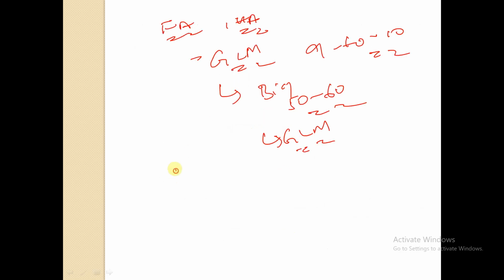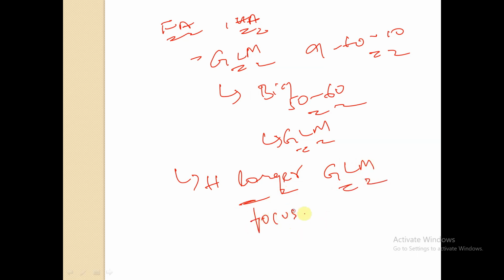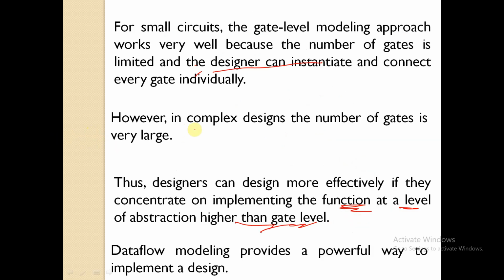So in case of larger designs, instead of focusing on the gate level abstraction, the designer can focus more on the data behavior or the data flow, implementing the function at a level of abstraction higher than the gate level.